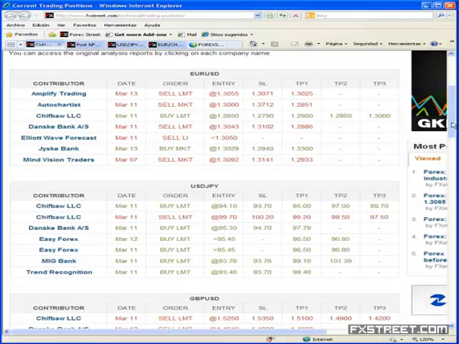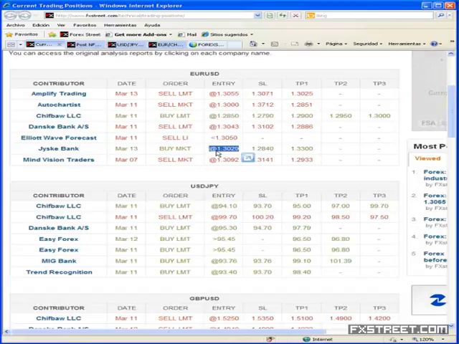This means all of them have some kind of impact with their trade recommendations, and this makes the position which is being announced here of a certain importance, because it's not only Jyske Bank which is potentially buying the market at this level, but all the persons and companies that are following this signal are somehow having this information and either following exactly the same recommendation or acting with this information in mind.